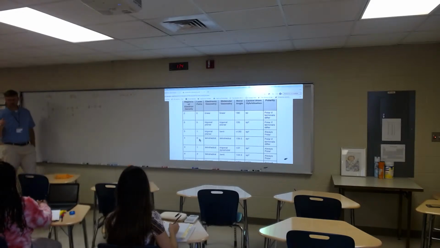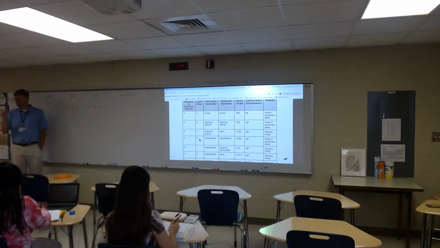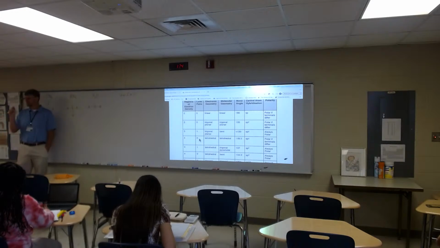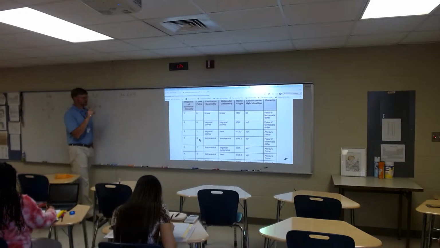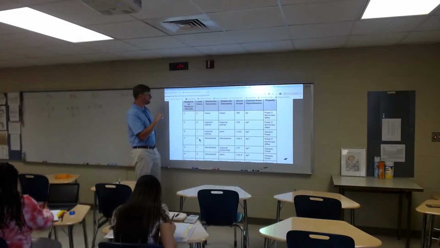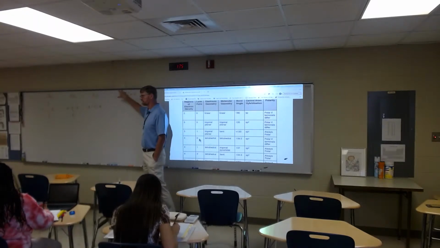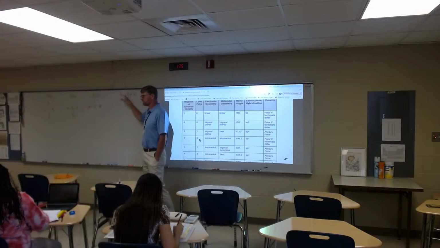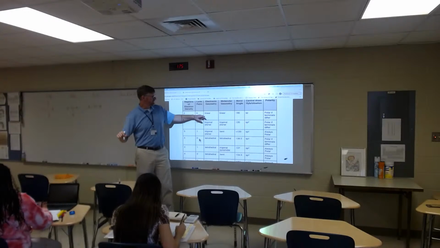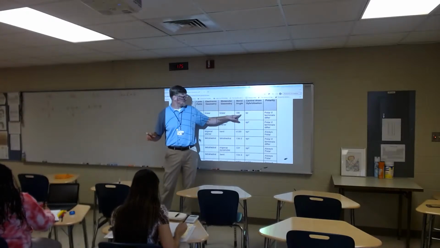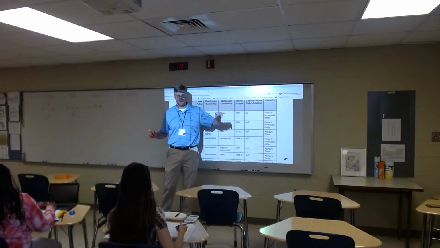So a double bond counts as only 1 region. That's a confusing point. Double bonds and triple bonds count as 1 region of density. There are multiple bonds, but only 1 region of density. And when we're talking about lone pairs here, we're only talking about the central atom. So we don't have any lone pairs on the central atom. We have some out here on the terminal atoms, but not the central. So this is 2 regions with no lone pairs, which is linear in both electronic and molecular geometry. A line is 180 degrees, and that's sp hybridized.